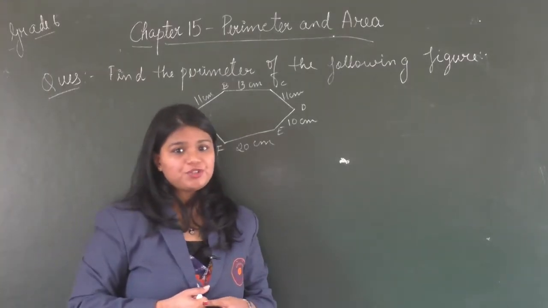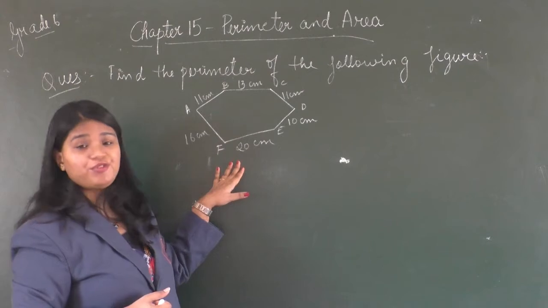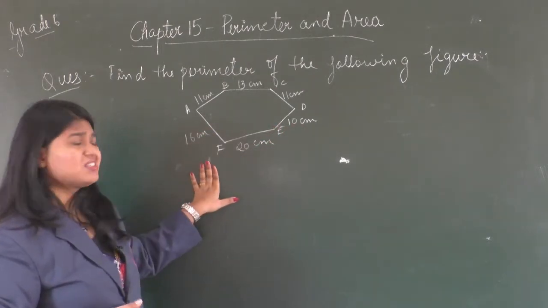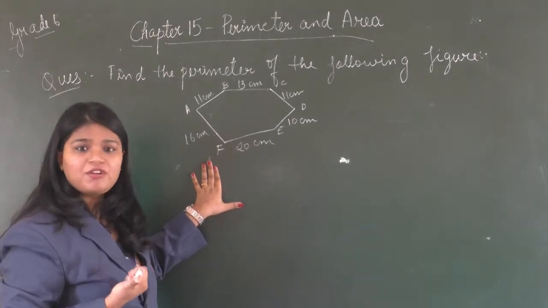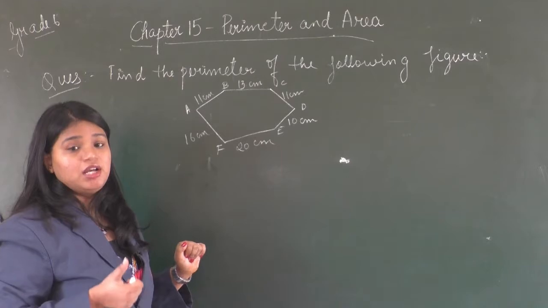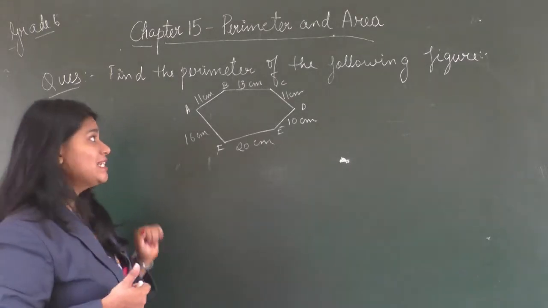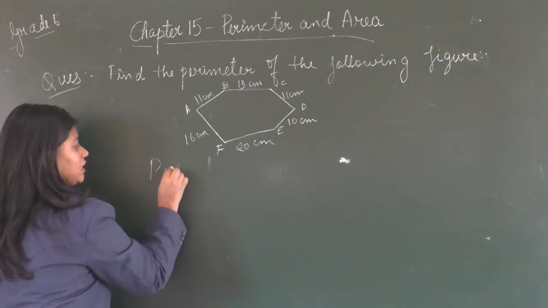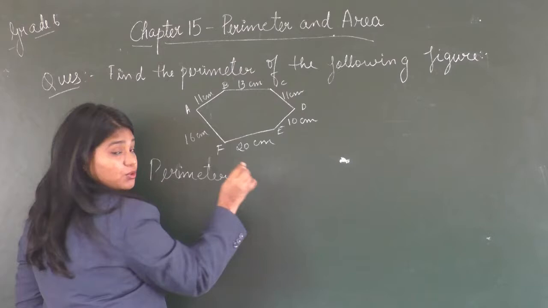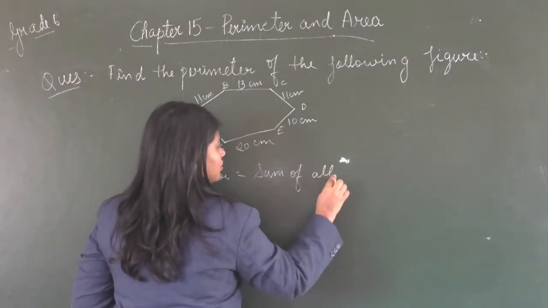So here we have a question which says find the perimeter of the following figure. So here we have a figure named ABCDEF. Right? So this is a regular closed figure made up of line segments and we need to find the perimeter of this figure. Now we learned the perimeter is equal to sum of all sides. So first I will write perimeter is equal to sum of all sides.